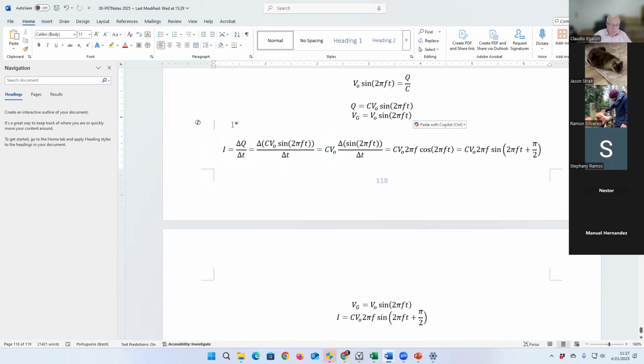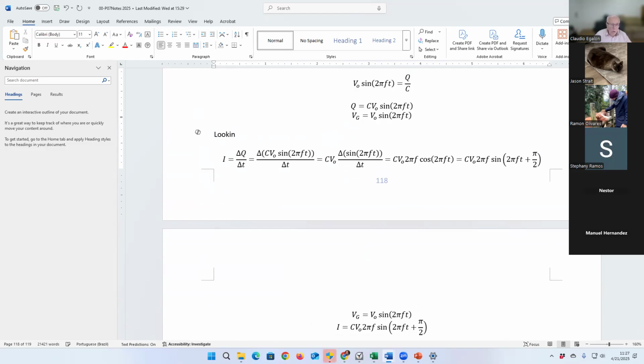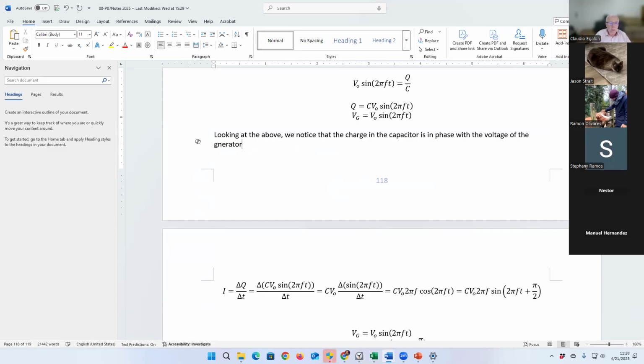Okay, so looking at the above, we note that the charge in the capacitor is in phase with the voltage of the generator. However, the same cannot be said of the current.